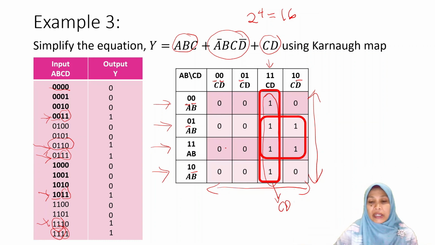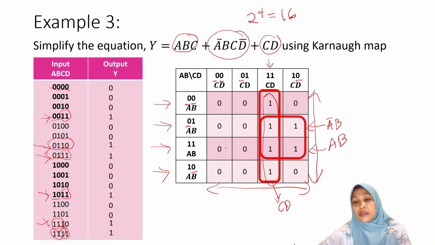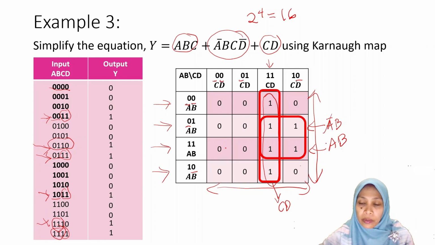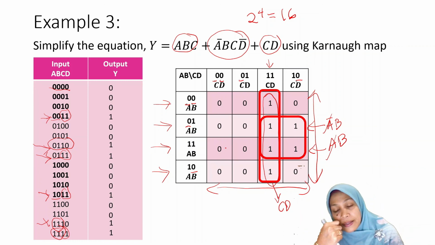Okay, how to write down the equation for this group? Okay, this row, the variables involved are a bar and b, and for this row is a b. Okay, so from here, which variable is the same? Of course, b is the same, because in this row we have b, and also this one we have b, but here we have a bar and a, so we can ignore a and take the b as the equation.